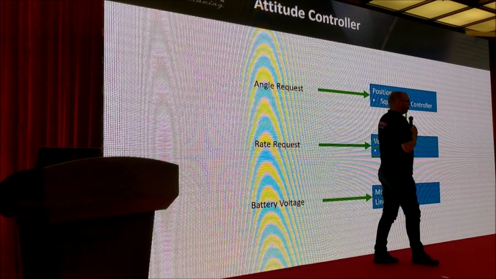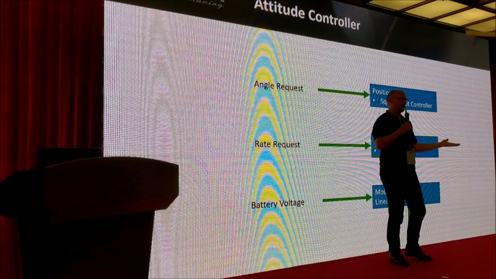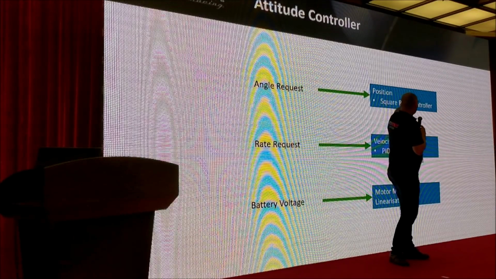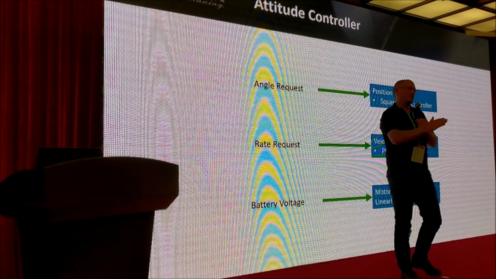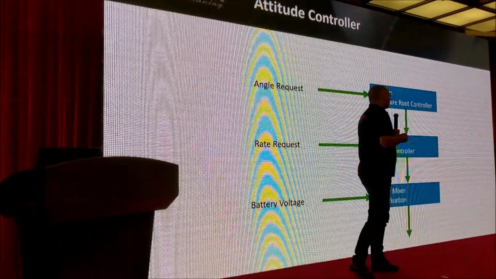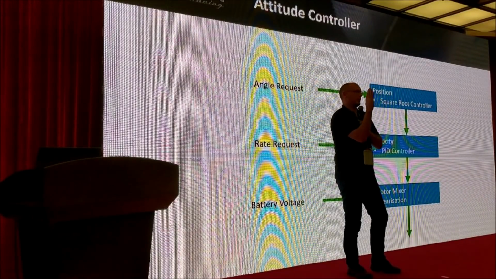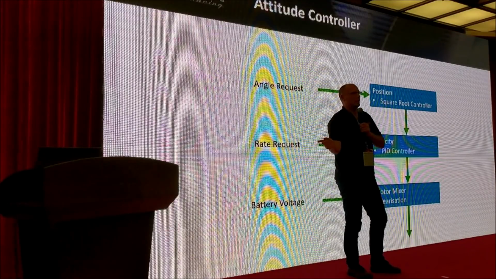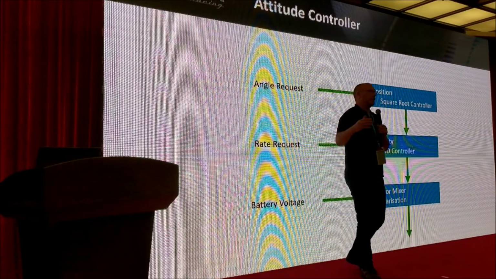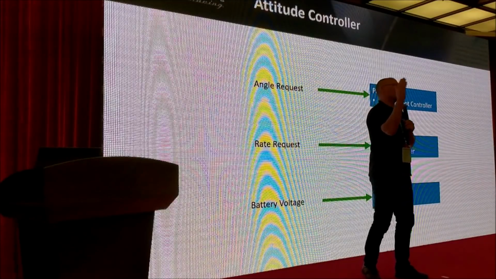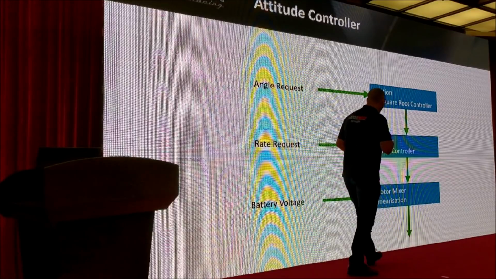This is where we work out how far away from our desired angle we are, and from that we calculate a desired rate to close that angle. So if we're at 30 degrees and we want to be vertical at 0, we've got a 30-degree error. So we might have a 10 degrees per second rate that we request to close that error.